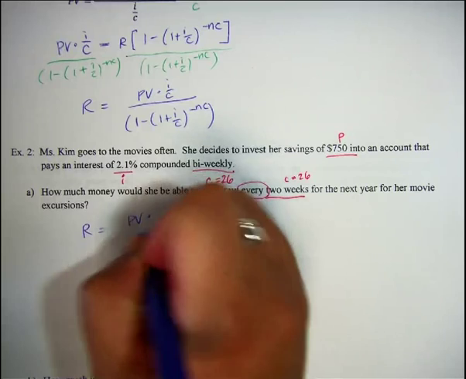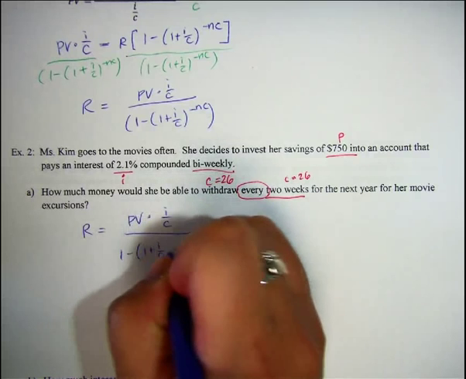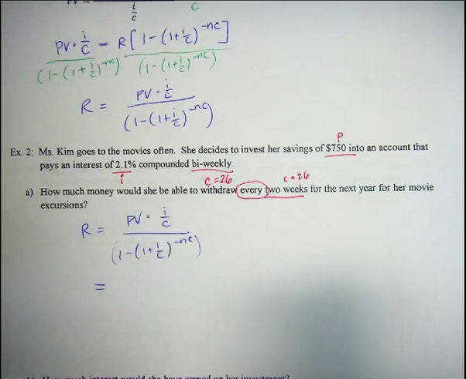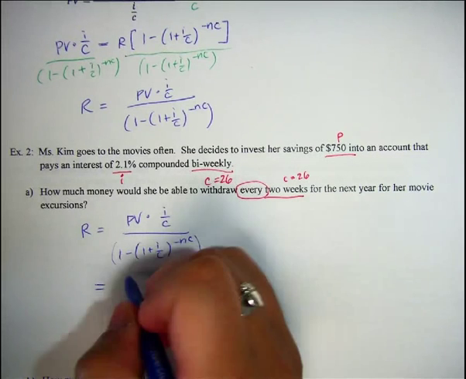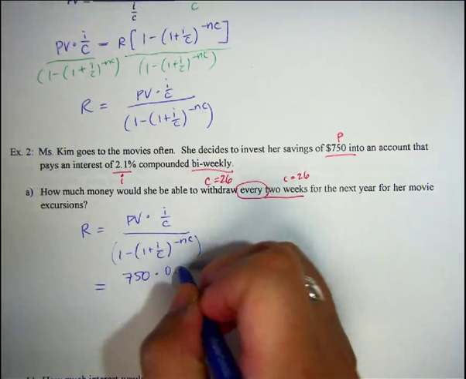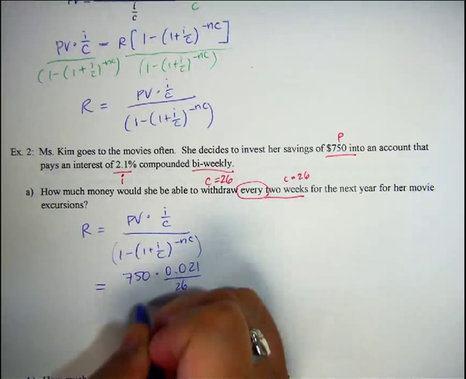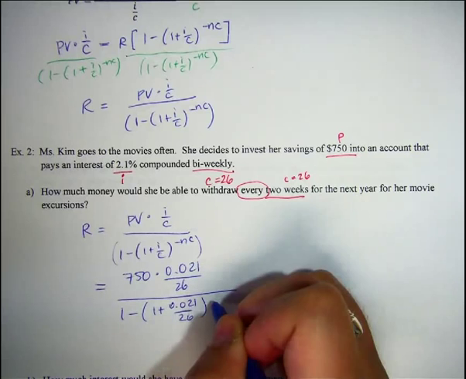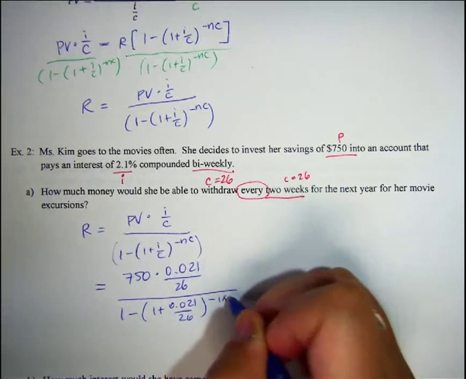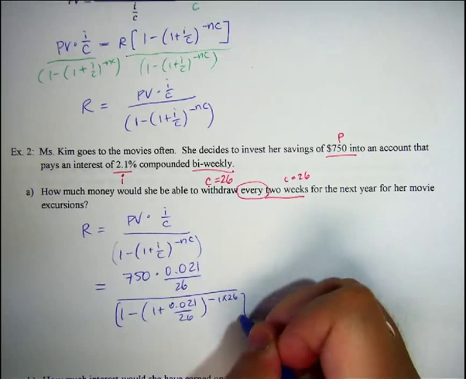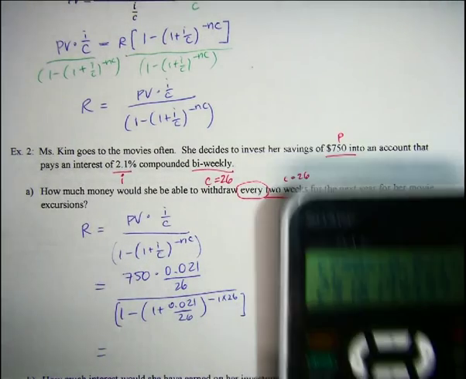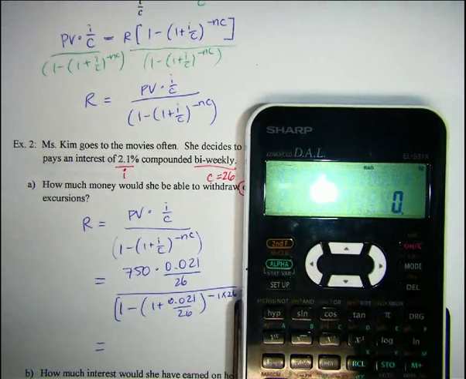PV times I over C, over 1 minus 1 plus I over C to the negative NC. Okay. So present value is $750. Interest 0.021 divided by 26, all over 1 minus 1 plus 0.021 over 26 to the power of negative 1 year times 26 times a year. When you're solving on your calculator, again, I would recommend that you take care of what is in your denominator first.